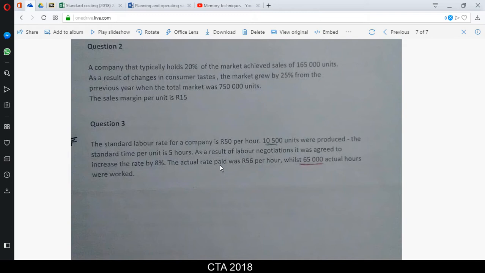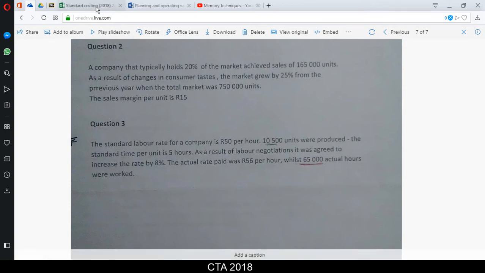But we know that whenever we calculate our variances, we flex the budget. Since we are given the standard efficiency of 5 hours per unit, we are not going to use the standard or the budgeted hours, but we're going to take the 5 hours, the efficiency, and multiply by the actual units to get the standard flexed hours. Those are the hours that we use to calculate our variances.